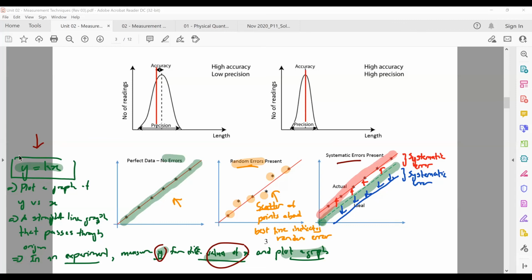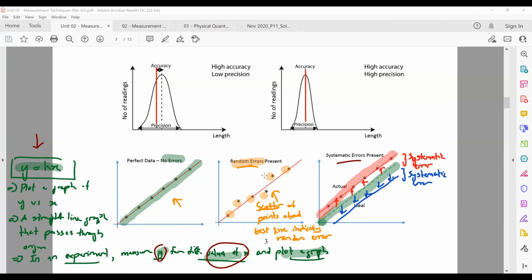You would need to see the relation first for that given measurement. If it's telling you you're supposed to get a straight line graph that passes through the origin, that is the ideal one. But if you plot out your graph and you see you're not getting that, it is skewed above or below, then you know you have systematic error already.